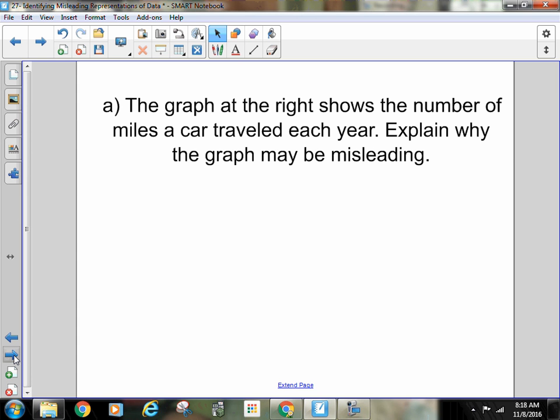All right, the graph at the right shows the number of miles a car has traveled each year. Explain why the graph may be misleading. So if we look at the graph at the bottom of page 160 with A, it says miles driven. Well, that title is really misleading because it doesn't say that it's the number of miles that a car has traveled.